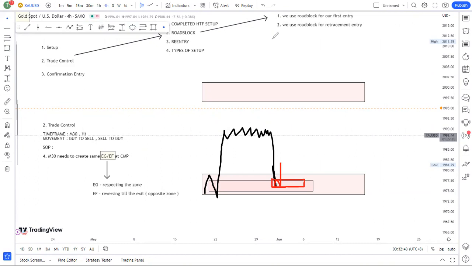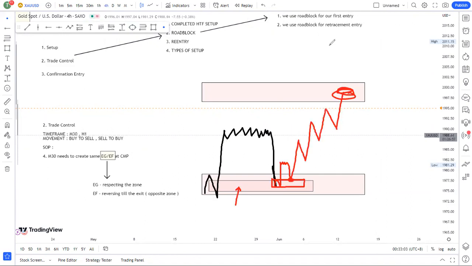This is what we call the first entry zone. That's the first entry, and then when the price pulls back, we are going to entry more, with retracement, re-entry, retracement, re-entry, until the opposite zone. Do you understand? Yeah, I understood.